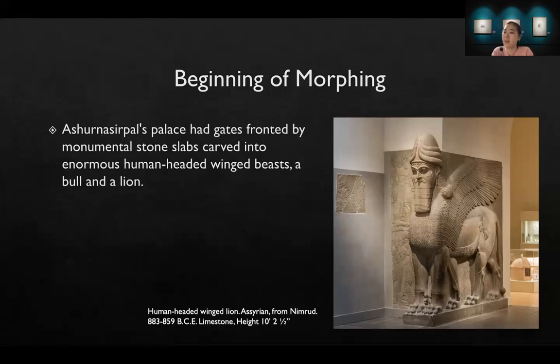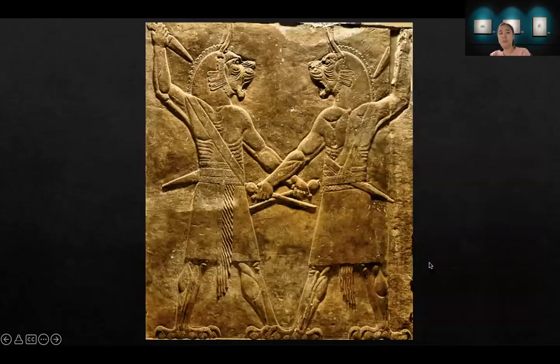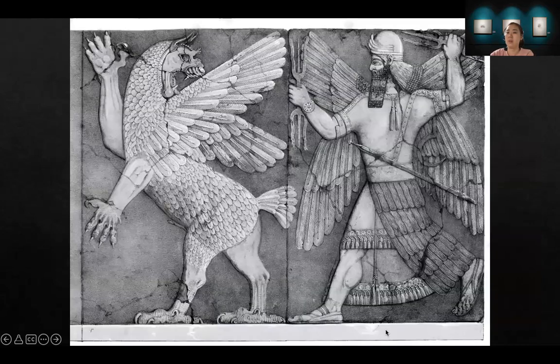We just saw this Assyrian sculpture. As you can see, it has an enormous human-headed winged beast, a bull and a lion. Here is another example. They have a wild beast head, and a human's body, and bird's feet. That is the ancient style of morphing.